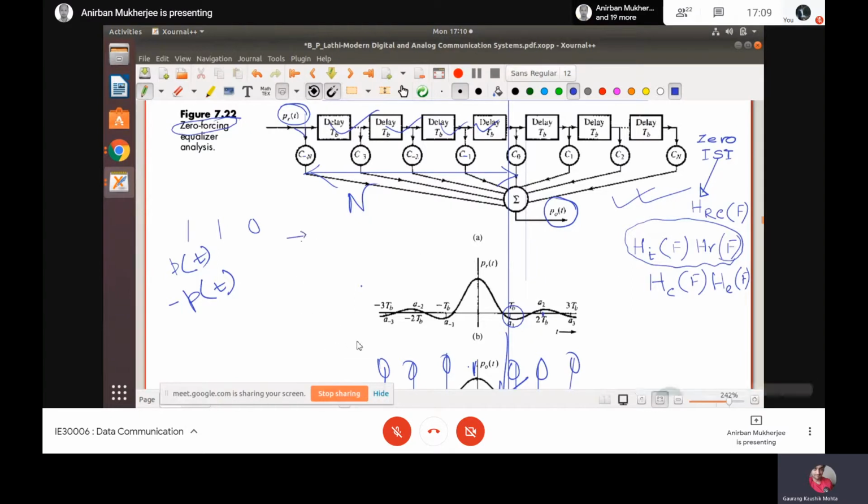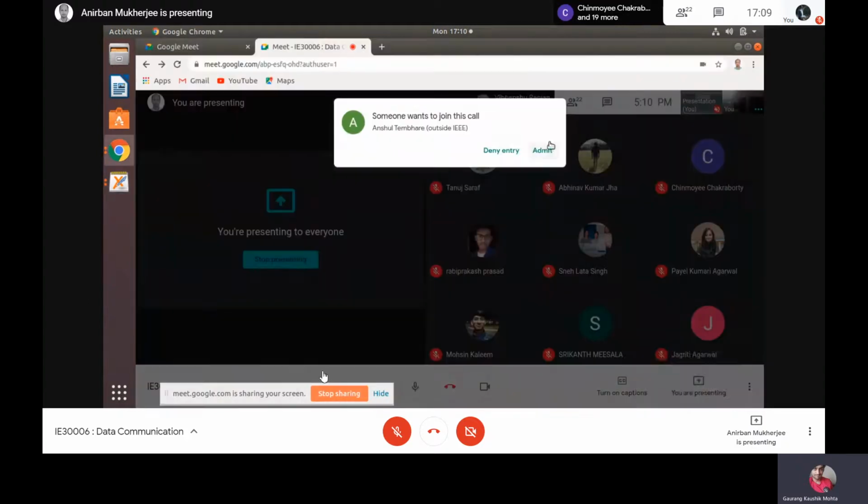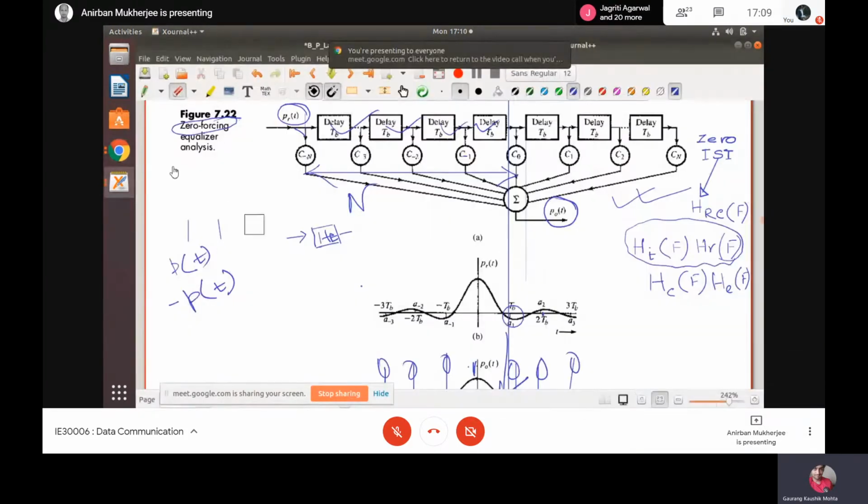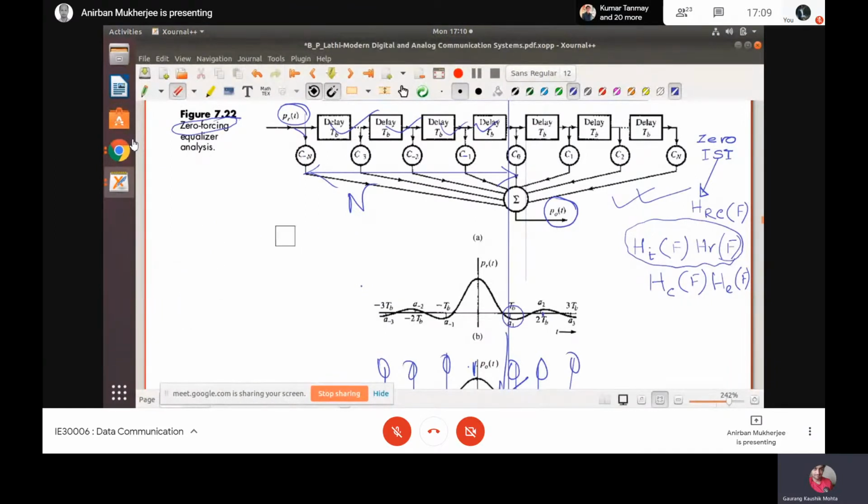input is coming like that. This is my input. This is the transmitter, then HT, first there's HT, then a channel, then HR, then HE.